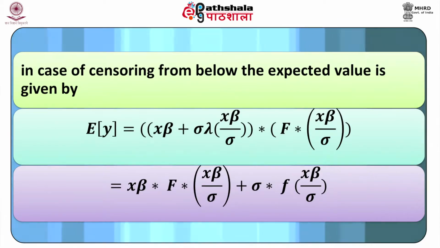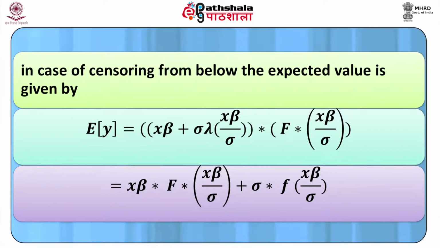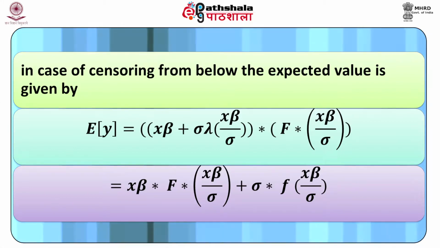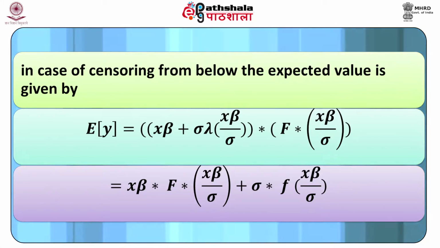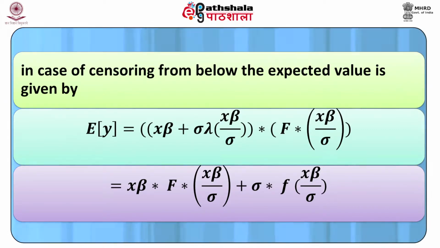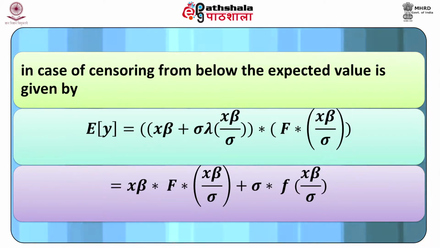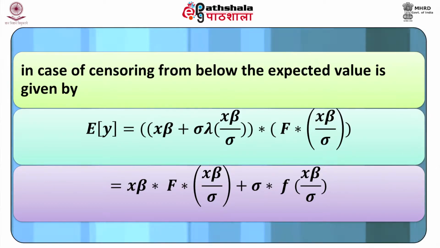In case of censoring from below, the expected value of y is equal to x beta plus sigma lambda of x beta upon sigma, multiplied by capital F of x beta upon sigma.